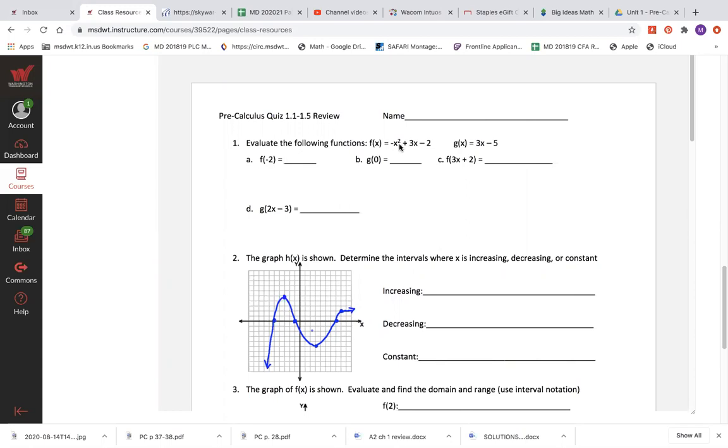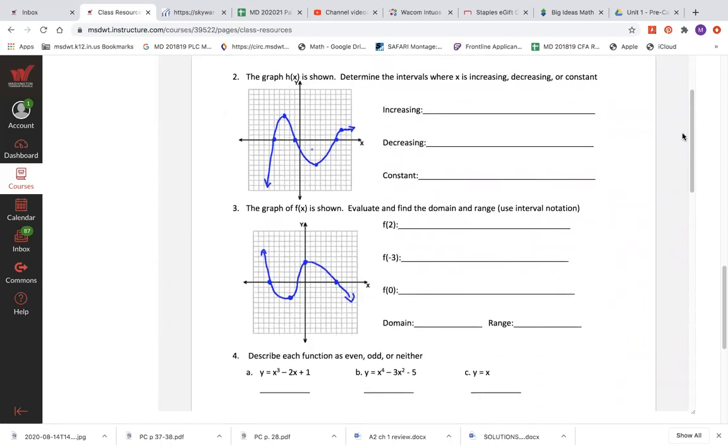You can use your calculator for that. On B, I want you to plug in 0 into your g function. Be careful. On C, you are plugging in the quantity of 3x plus 2 into your f function anywhere you see an x. Now we'll do that again tomorrow. I want to make sure that you guys don't make any silly mistakes. So try it on your own first.